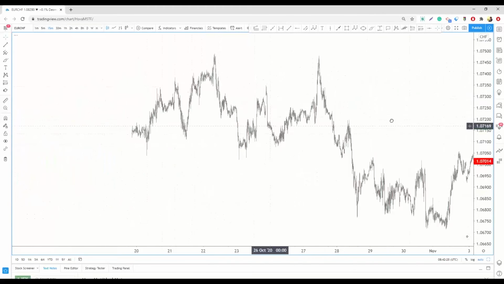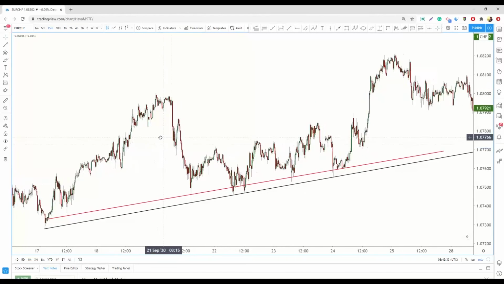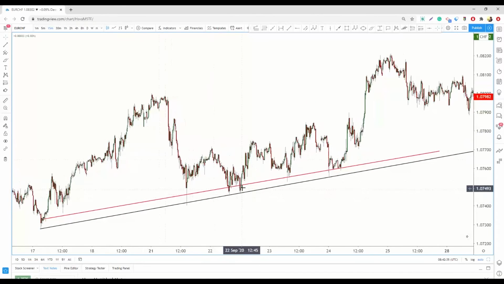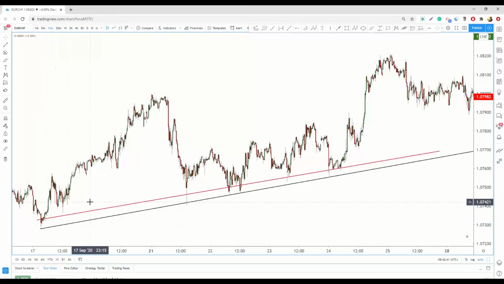Now we're on the 15 minutes time frame, and black definitely looks better. Red is just cutting through this whole bunch, and over here you can see it's just cutting through this. So based on this, should we take the body or should we take the wick?